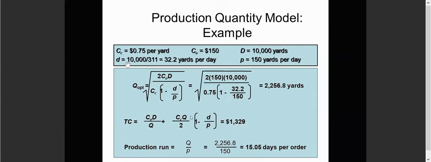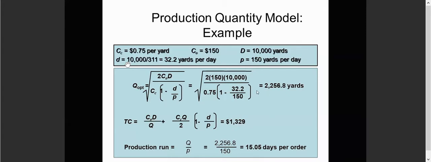We just replace the information into this formula: setup cost of 150 multiplied by annual demand of 10,000 divided by Q, the optimum batch size of 2,256.8, plus the holding cost multiplied by the optimum batch size divided by 2 to get the average cycle inventory, and multiplied by 1 minus daily demand divided by production rate per day, and we have 1,329.